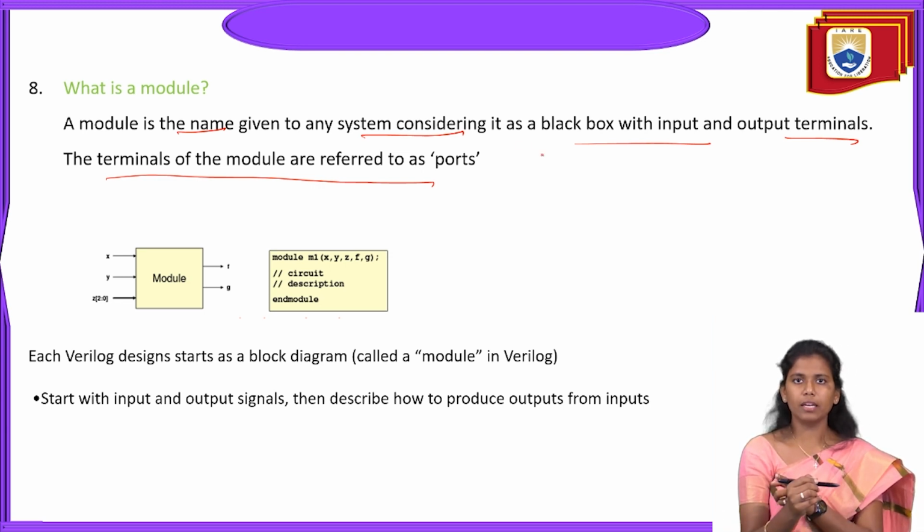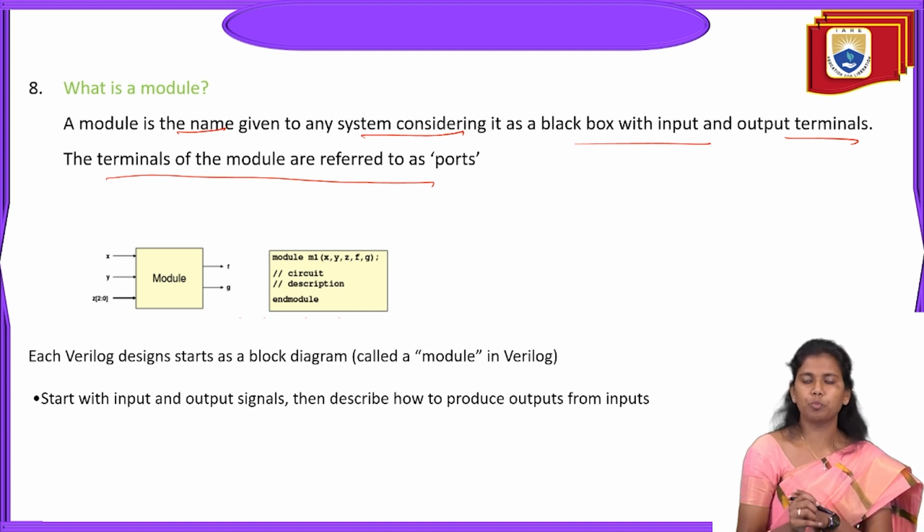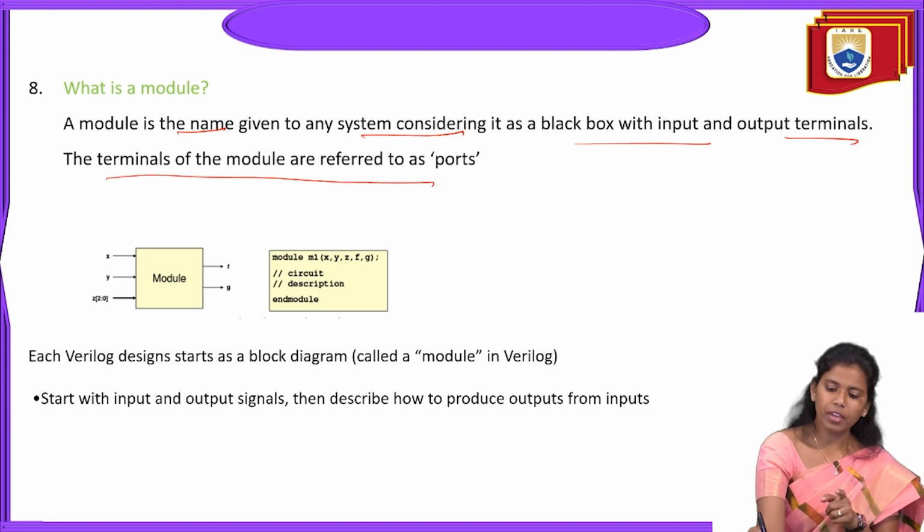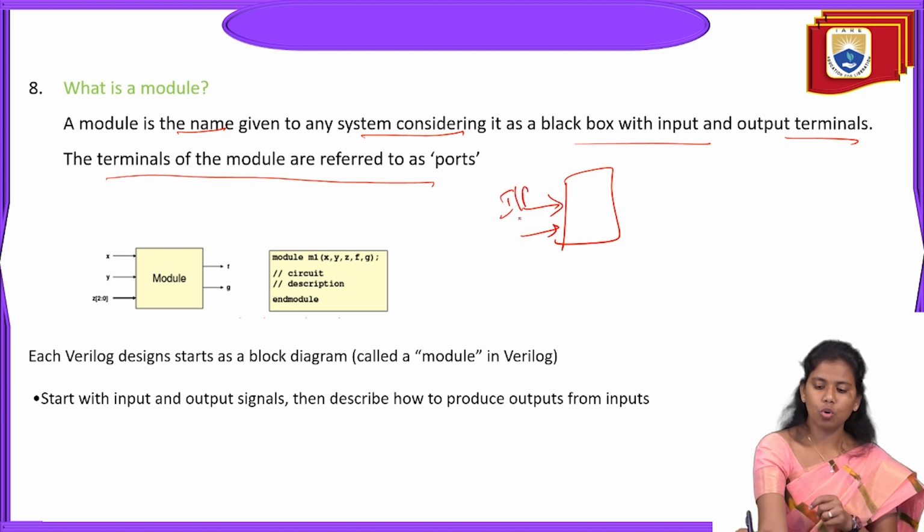It has some inputs and we get some outputs. The terminals are referred to as ports. So for this module, these are the input ports and these are the output ports.